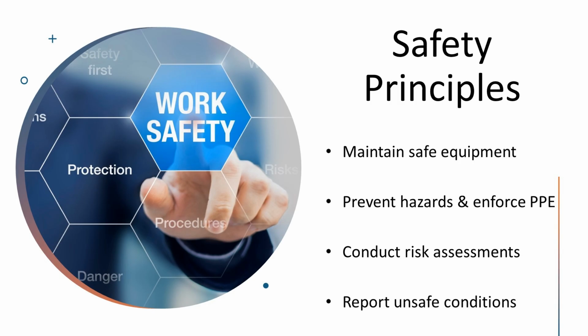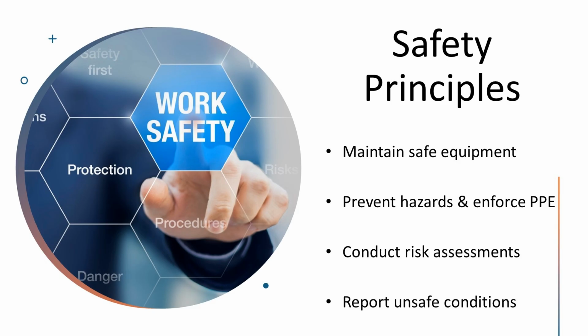This includes: A, maintaining safe equipment; B, ensuring workers follow safe systems of work; C, preventing hazards before they occur; D, enforcing PPE usage at all times; E, conducting risk assessments; F, reporting unsafe behavior or conditions immediately.